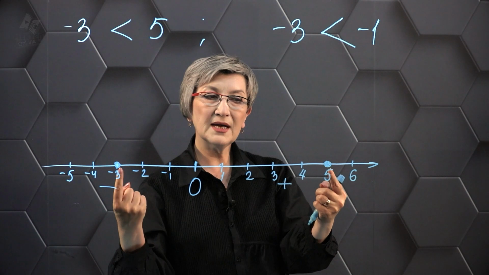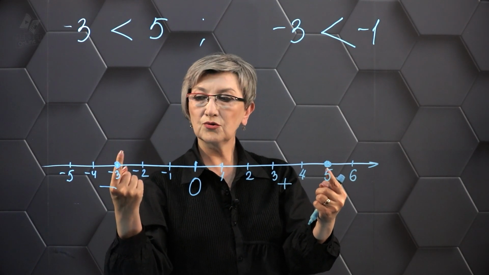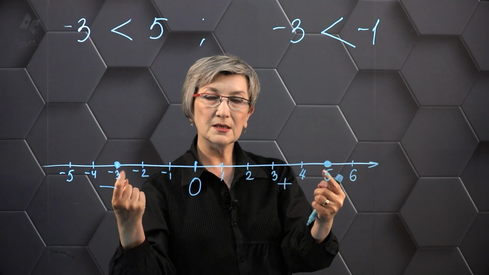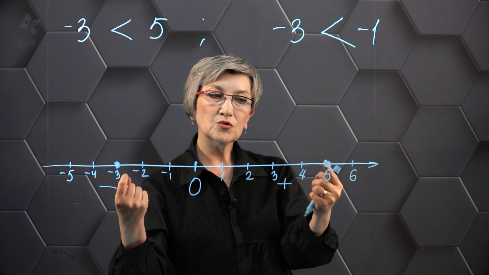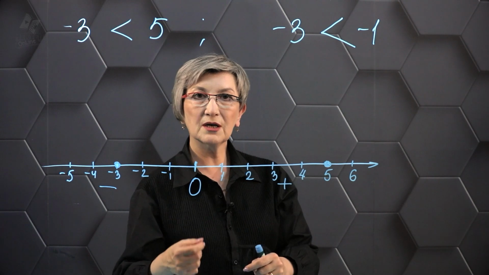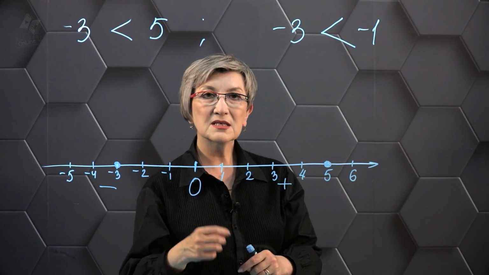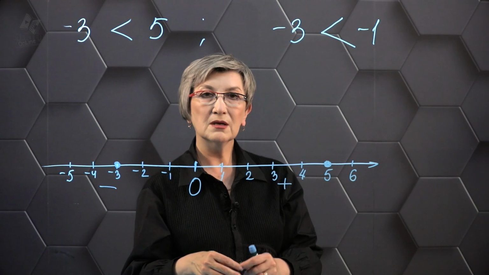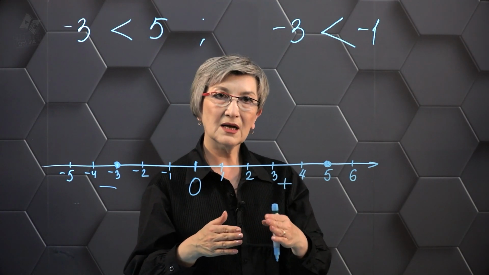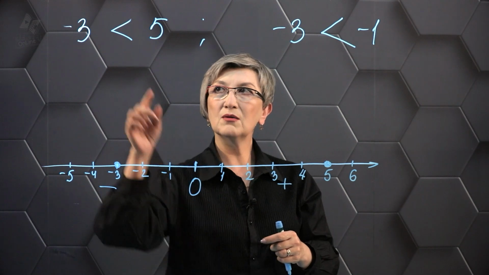Let's notice the mutual location of the 2 points, the -3 point and the 5 point. We see that point 5 is to the right of -3. This is what the rule of comparing integers tells us: if the point is located to the right, the value of the given number will always be greater.